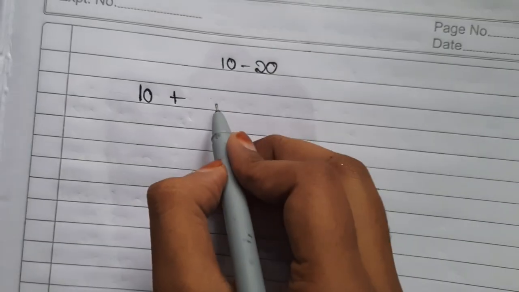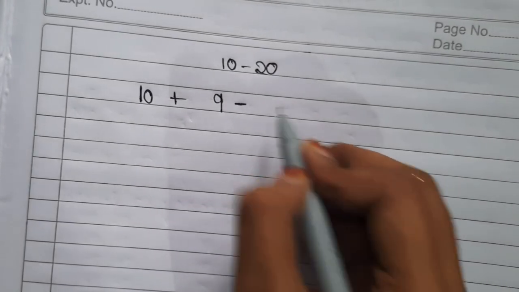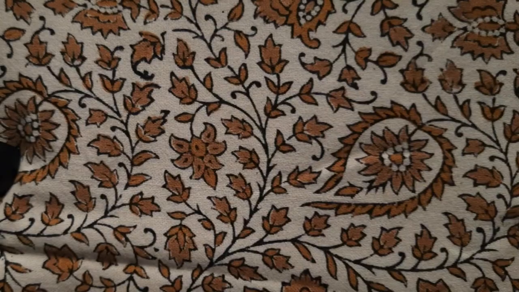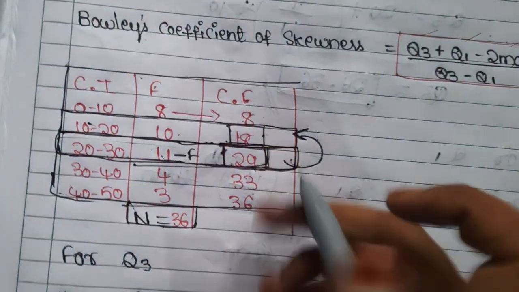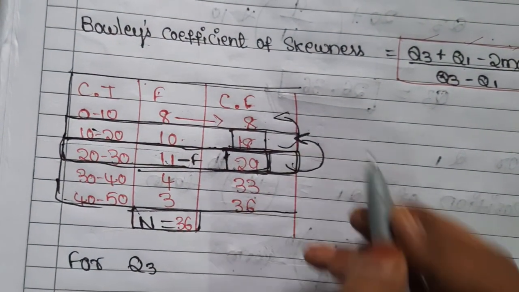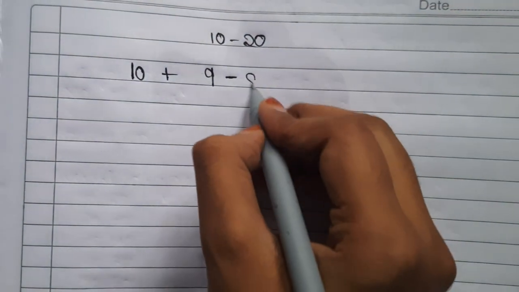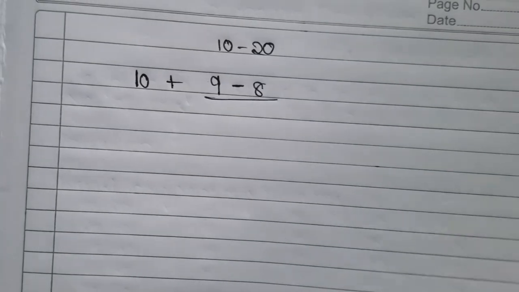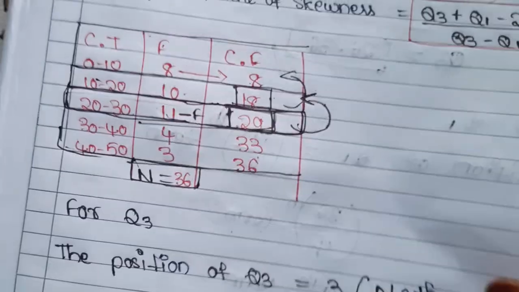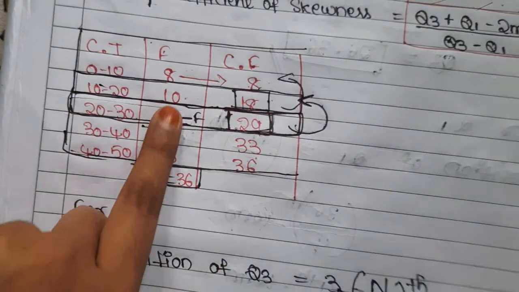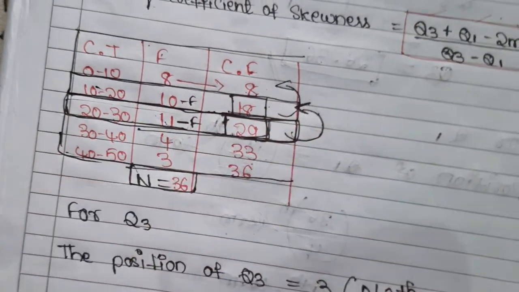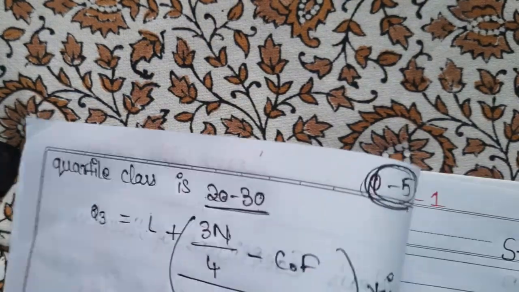9 minus cumulative frequency. As I said, in this cumulative frequency we are not going to take this one, we are going to take the above one, 8. So we will be taking cumulative frequency as 8. 8 by frequency. How much is the frequency in this 10 to 20 range? F is 10.